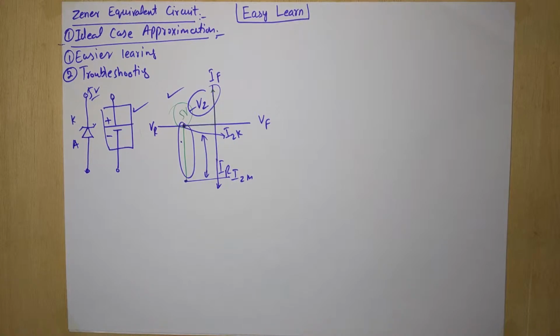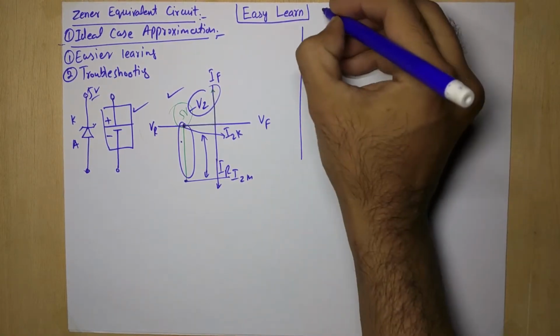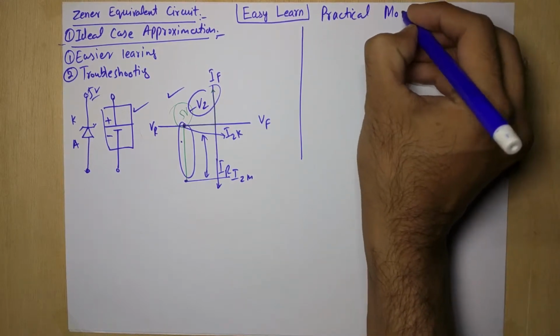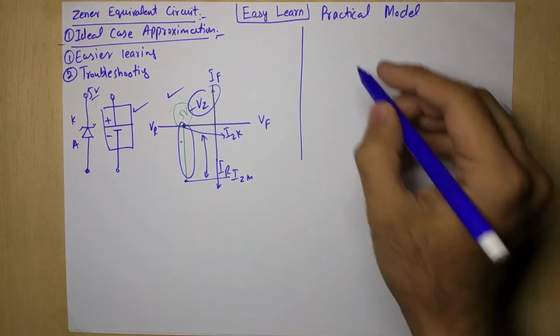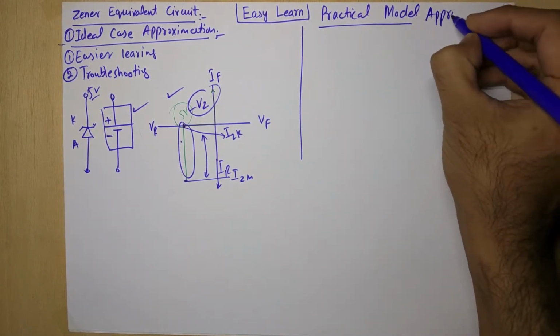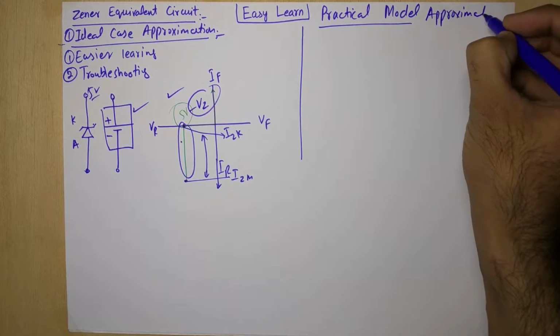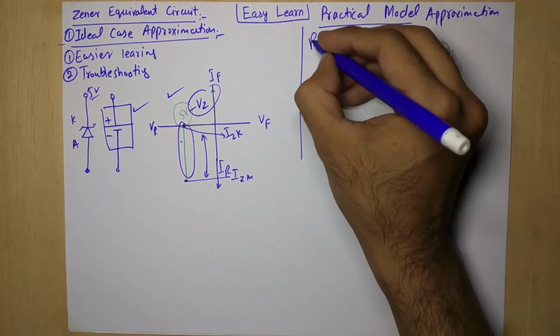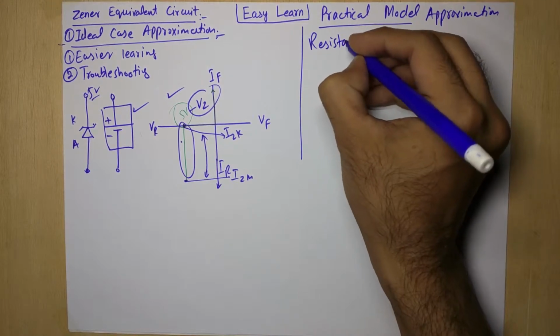Now the second important one is the practical model. It is not 100% complete and is also an approximation, but in this case we include resistance.